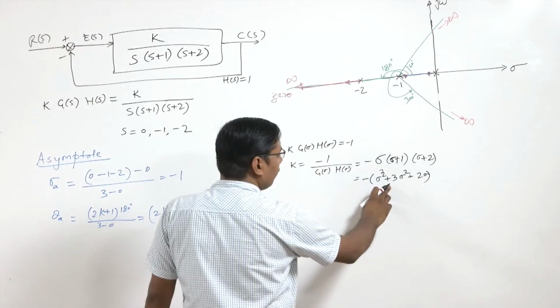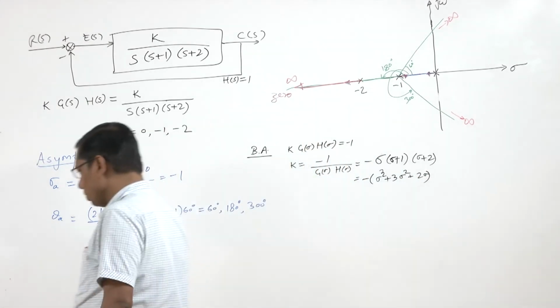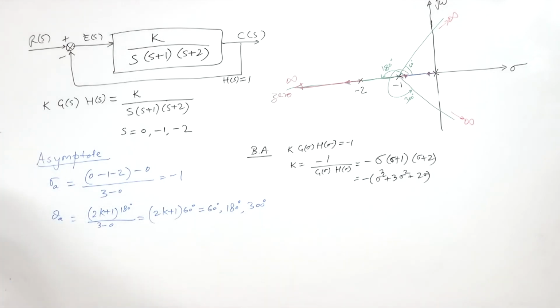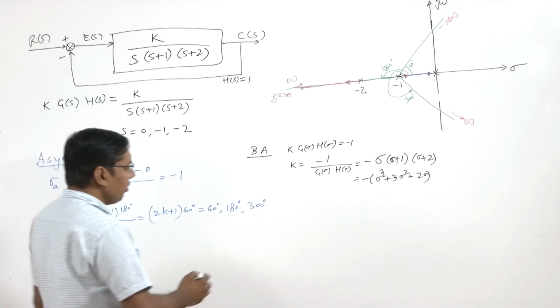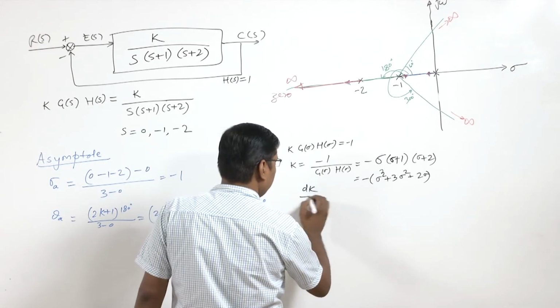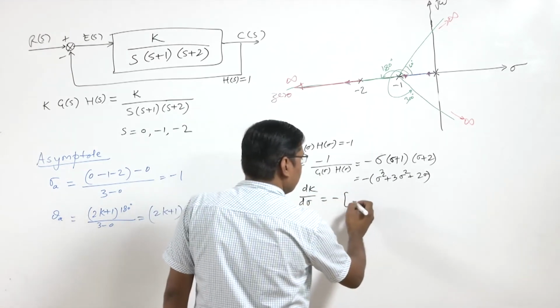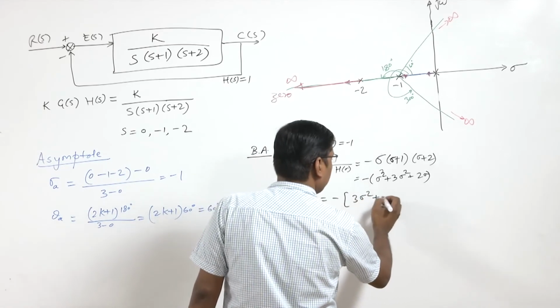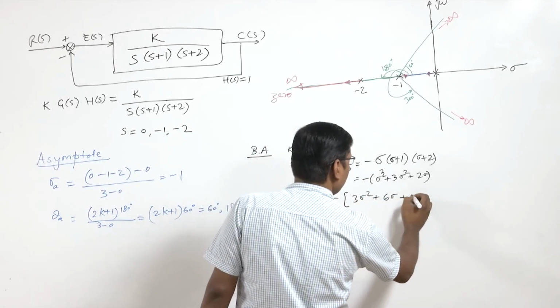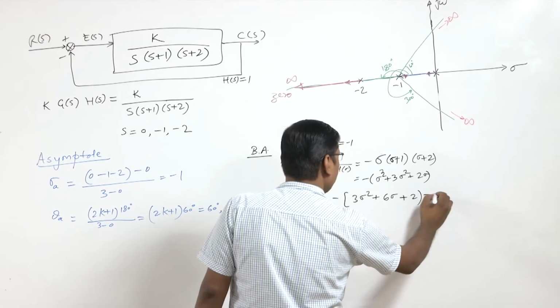So here we get K equal to minus (sigma cube plus 3 sigma square plus 2 sigma). So dK by d sigma we can find. That is minus (3 sigma square plus 6 sigma plus 2), and this is equal to 0.